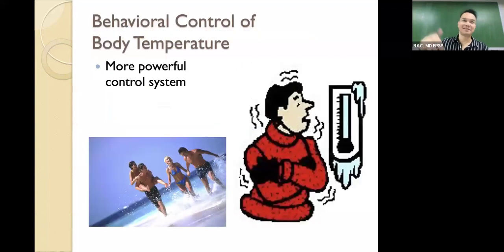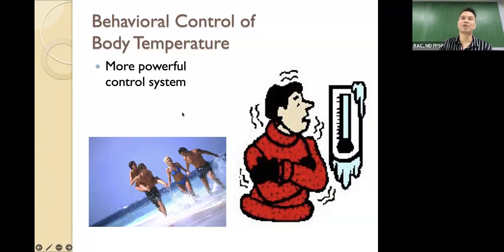Now, having discussed all of these functions, the anterior and posterior hypothalamic nuclei, the posterior preoptic nucleus, vasoconstriction, vasodilation, sweating, and shivering, at the end of the day, the more powerful control system that will maintain our body temperature is our behavior.